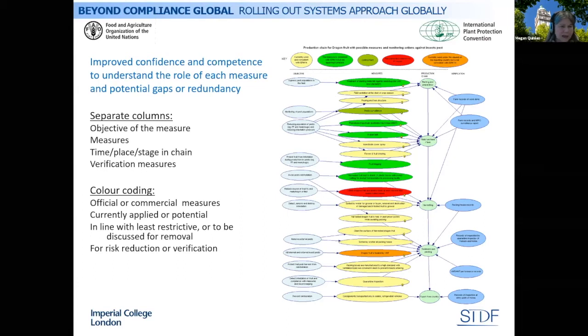And we did that to help MPPOs and those trading to really think for several things. One is to look at it and say, is this necessary? Is this the best choice? If you have 5 measures to reduce the pest challenge or the pest population, do you need a measure that has a different objective?